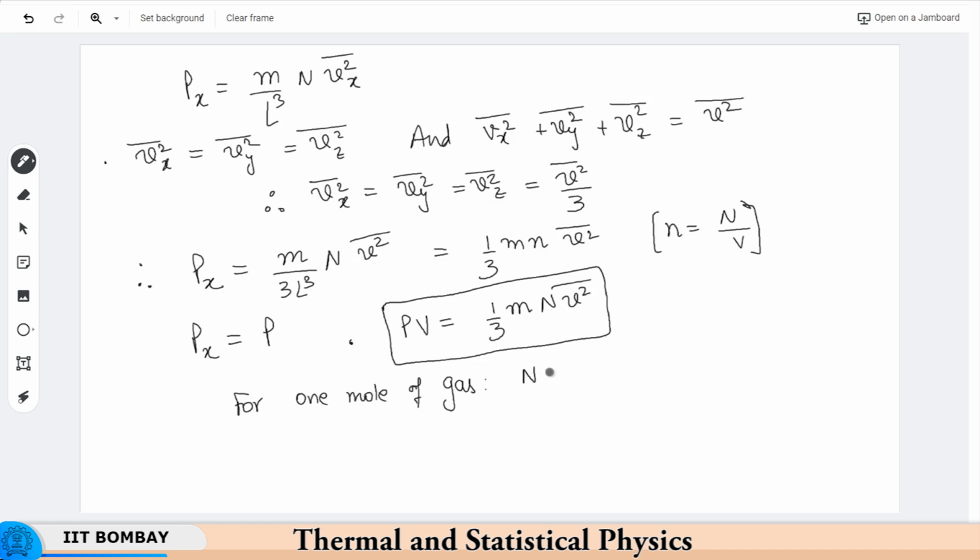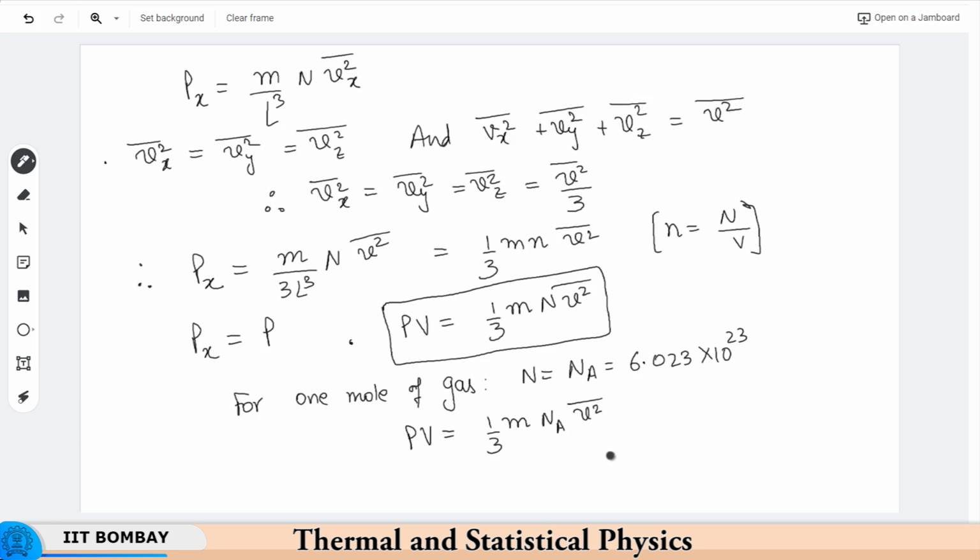So your capital N will be equal to Na, the Avogadro number, which is 6.023 into 10 raised to the power 23. So you can write P times V for 1 mole as 1 by 3 times m times Na times V squared average.